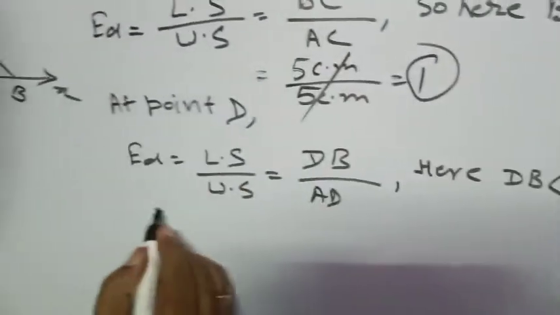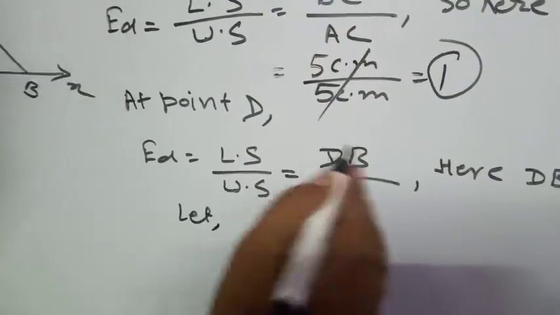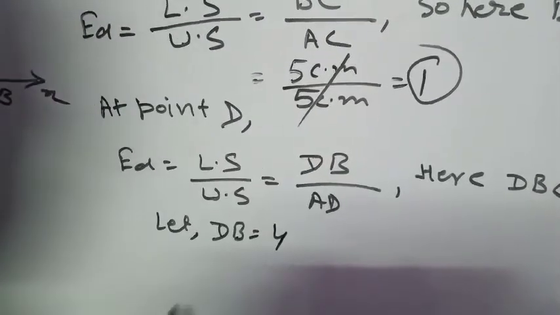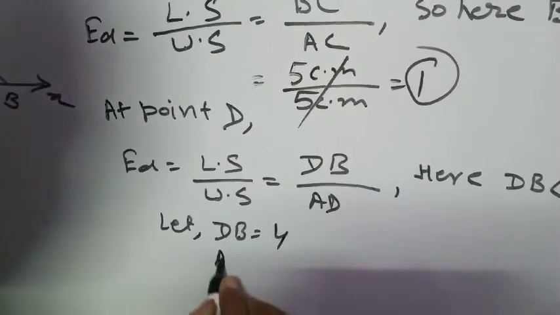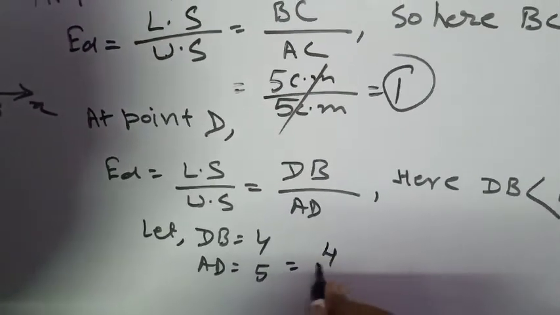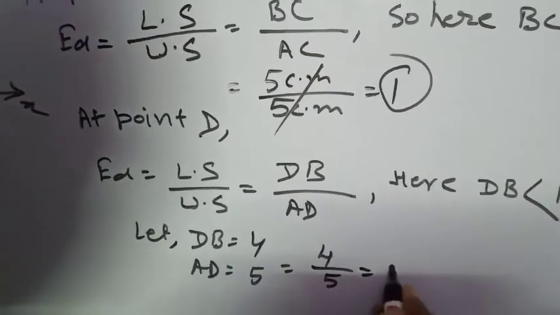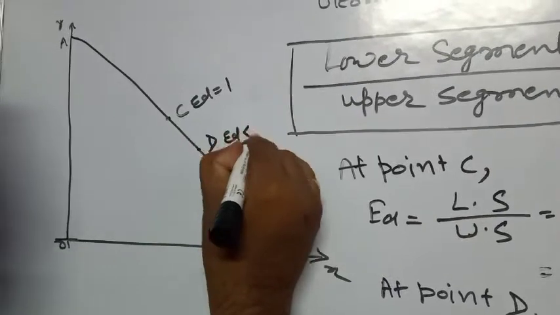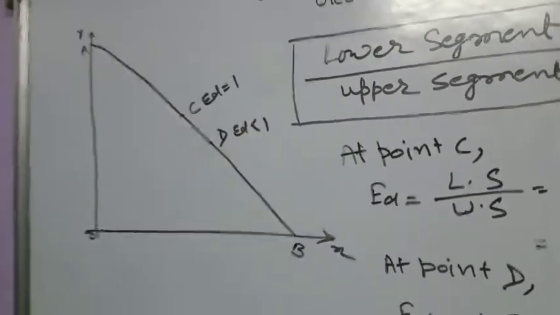So suppose let the value of DB is equal to 4 centimeter and the value of AD is equal to 5 centimeter. So what will happen? 4 divided by 5 is equal to 0.8. So we can say ED is less than 1.